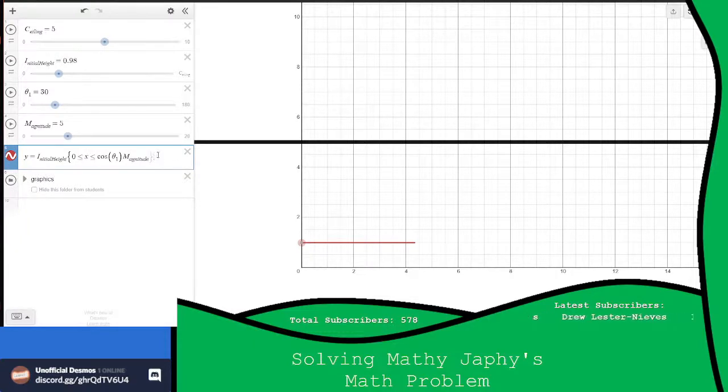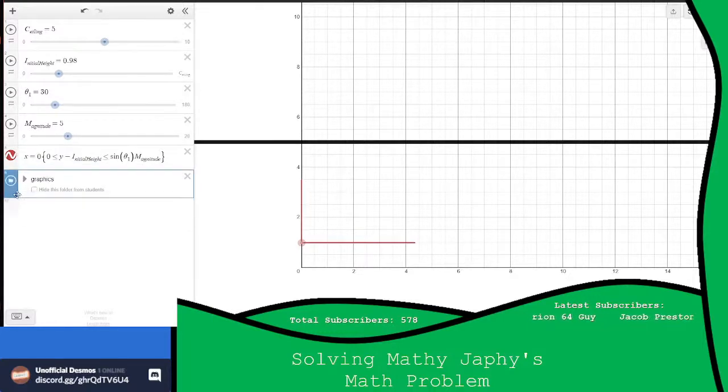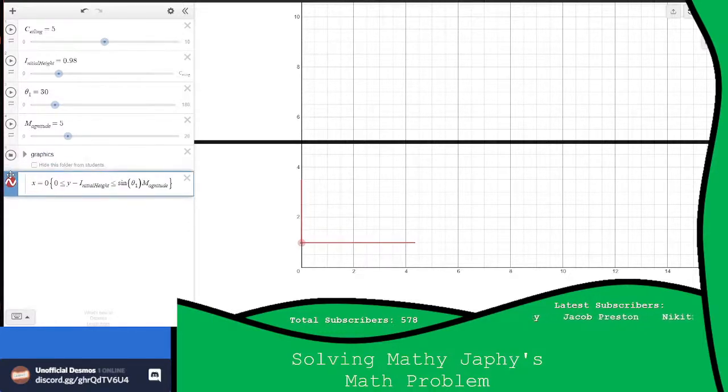Alright, now we can just control Q. X is equal to 0, and replace it with y, and we're going to replace that with sine. Oh, and we're going to do minus initial height. There we go. Let's just dump that into graphics.